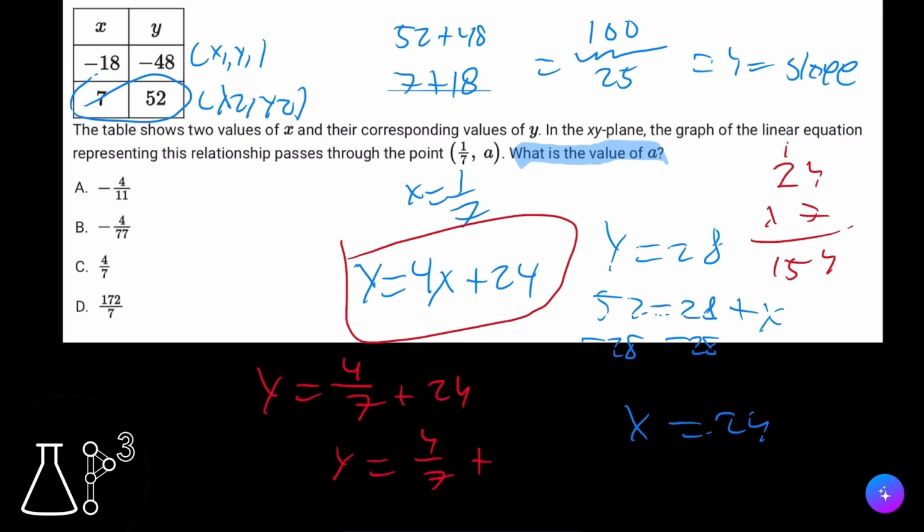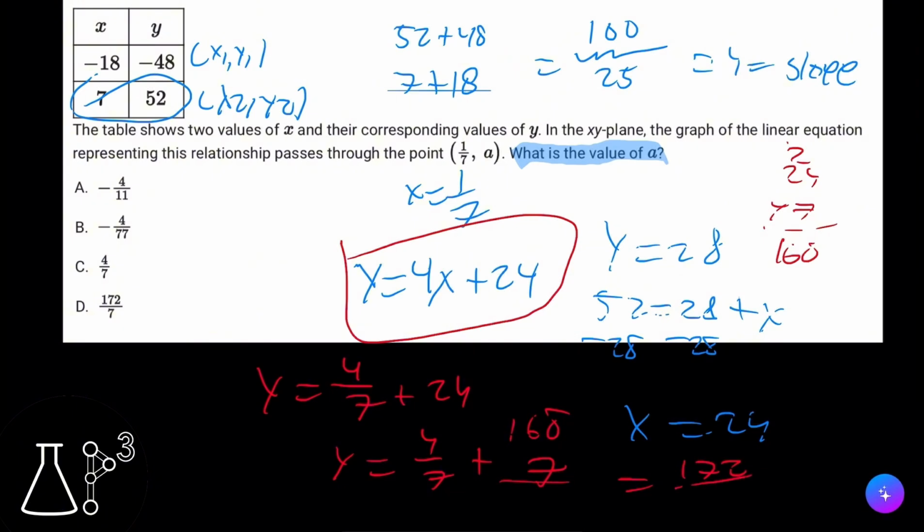That ultimately equals a different number: 24 times 7 equals 168. So 4 divided by 7 plus 168 divided by 7. That's my fault for doing the wrong math. If you combine like terms, that equals 172 divided by 7. And if you look at our answer choices, that ultimately equals D.